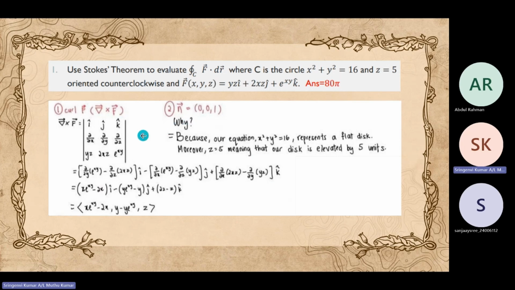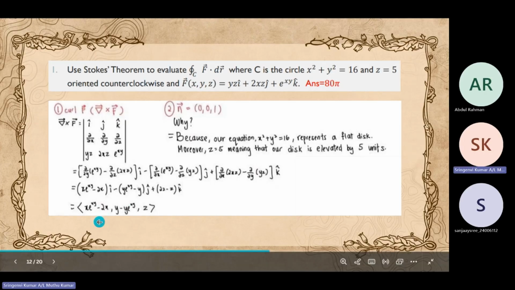Using our formula, the curl of F is the gradient cross product with the vector F. After the cross product, we get this, and later we set up the surface integral to equate the curl dotted with the normal, and we get the answer as x e raised to xy minus 2x, y minus y e raised to xy, and z.